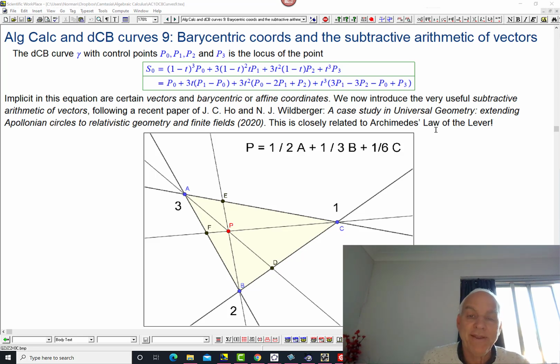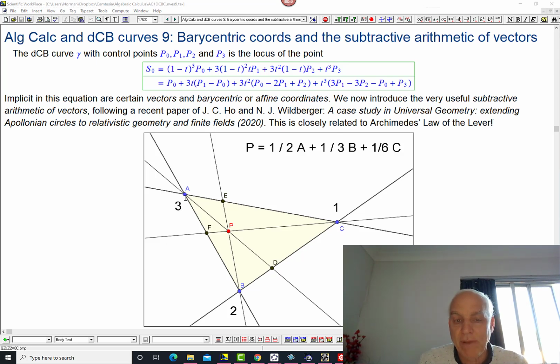And the entire story is, very interestingly, closely related to Archimedes' law of the lever. So all kinds of interesting things that we're going to introduce today, a lot of them will be familiar to you, but I want you to look at things in a slightly new way, okay, especially with new arithmetical notation.